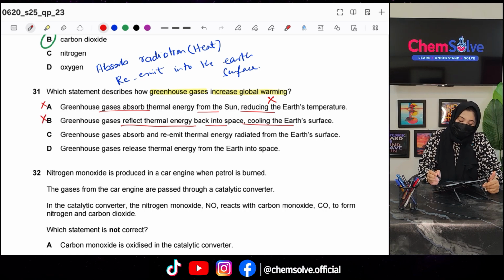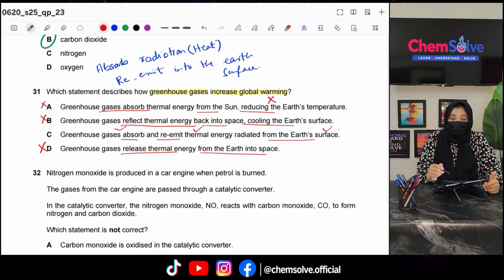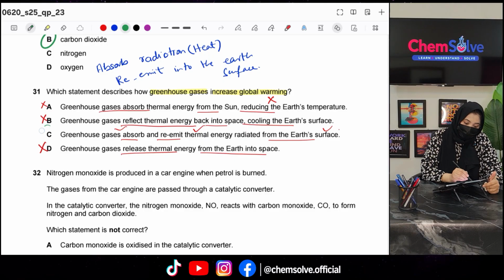So this is, of course, the incorrect option. Greenhouse gases absorb and re-emit from the Earth's surface, yes, it seems to be correct, but look at D as well. Greenhouse gases release thermal energy from the Earth into space. No. If they did so, then there would be no global warming. So C is the correct option.